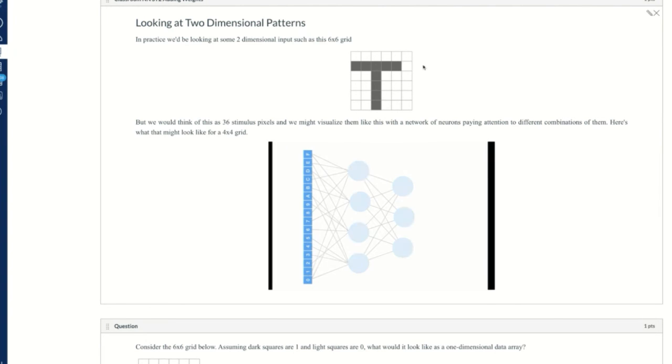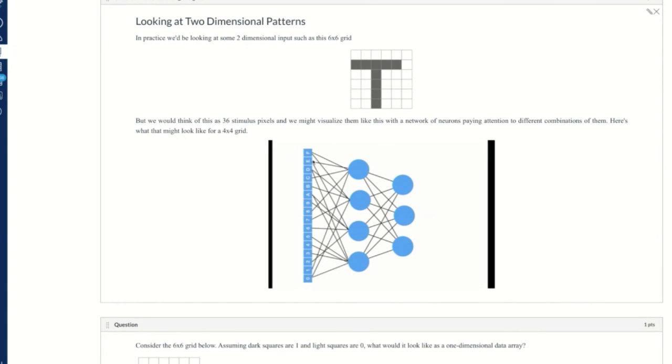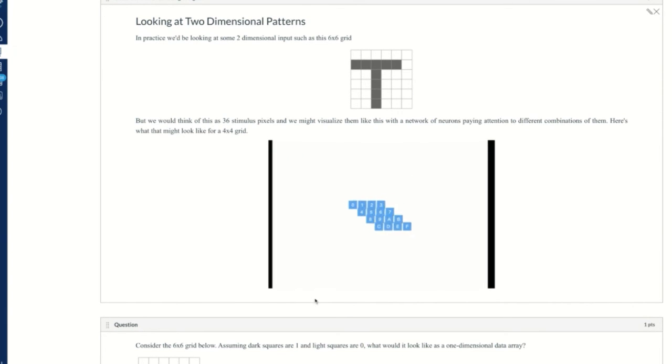The way that we're going to think of that is take this 6x6 grid and spread it out into a line, as we see with the blue thing here. And then we're going to have neurons, which are the big blue circles, and the neurons are connected to various of these input pixels.